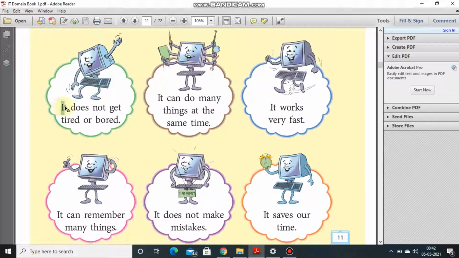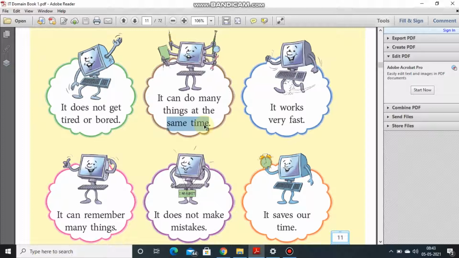First, it does not get tired or bored. It can do many things at the same time. I had discussed in the video that it can do father's office work, school work, entertainment, videos, games, all by the same computer at the same time.